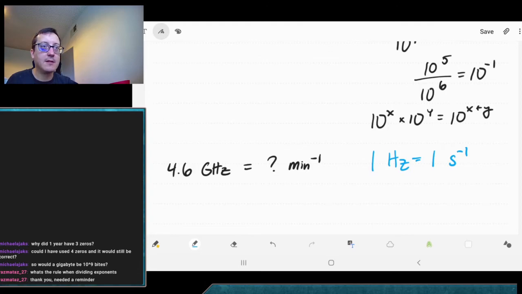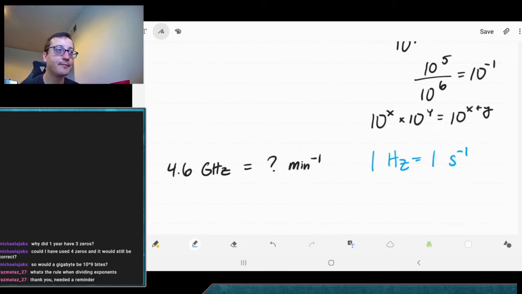So hertz means like per second, essentially. I put this 4.6 in the context of a processor. That's saying it does 4.6 giga calculations per second. That's what that typically means for this. Or it could be something like rotations per minute. That could be given in hertz as well. Something per time. And so that's something to use here.